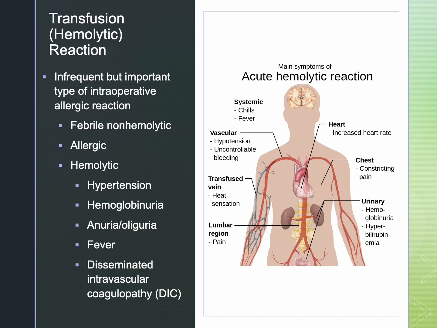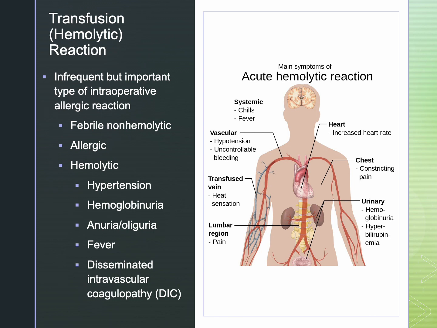Blood transfusion reaction is an infrequent occurrence, but its infrequence doesn't make it any less important. The three types of transfusion reactions are febrile non-hemolytic, allergic, and hemolytic. Febrile non-hemolytic is caused by antibodies binding to donor white blood cells or platelets, and it's really rarely encountered in the surgical setting.